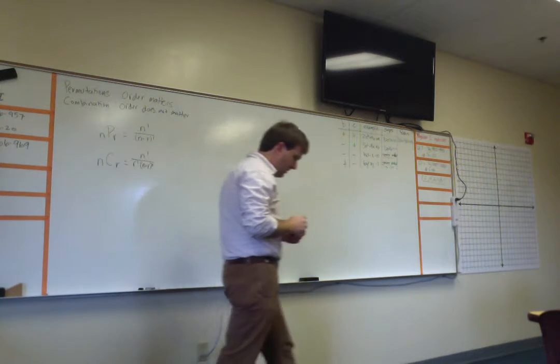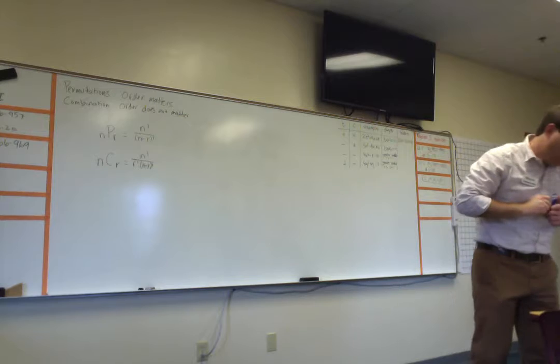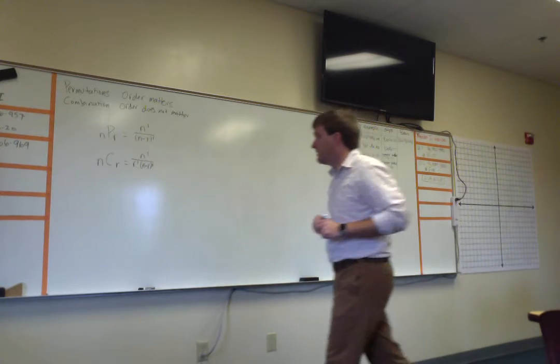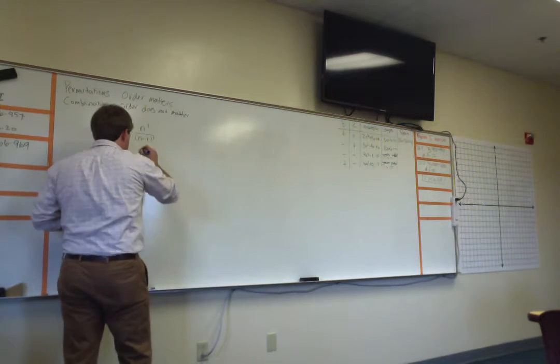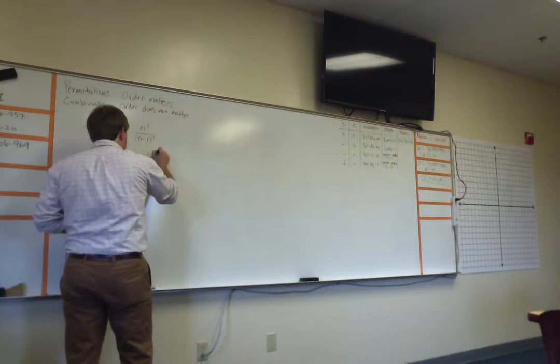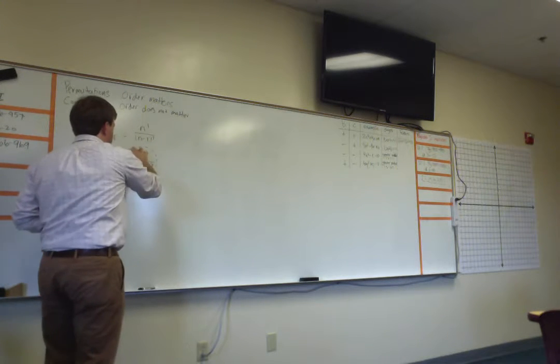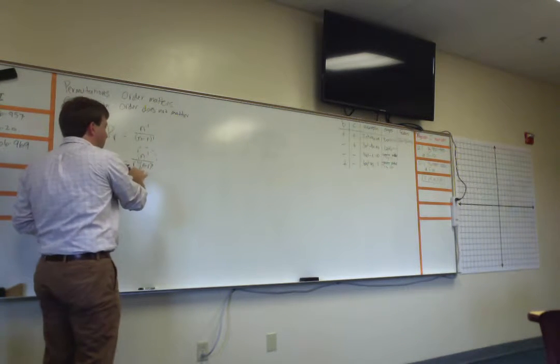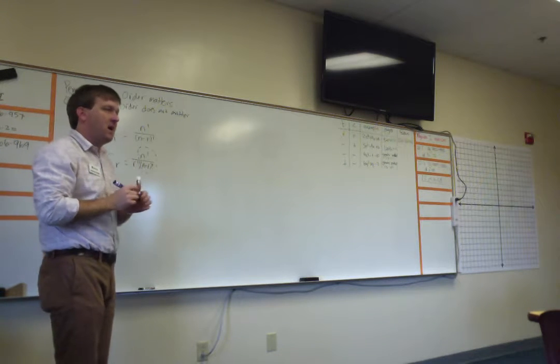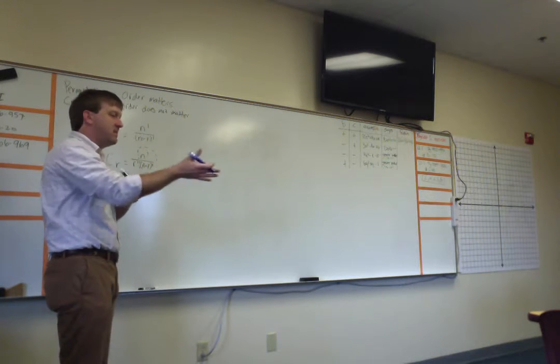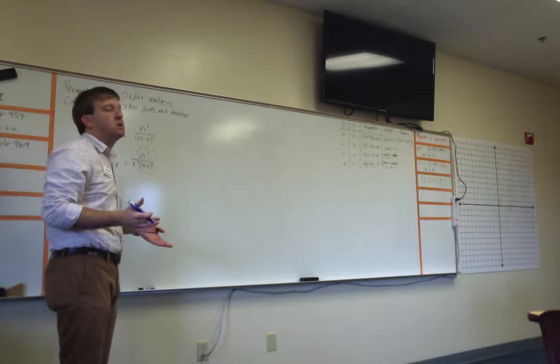Okay? So notice all we're doing is taking the permutations formula and additionally dividing by how many ways in this case those 3 items can get ordered.